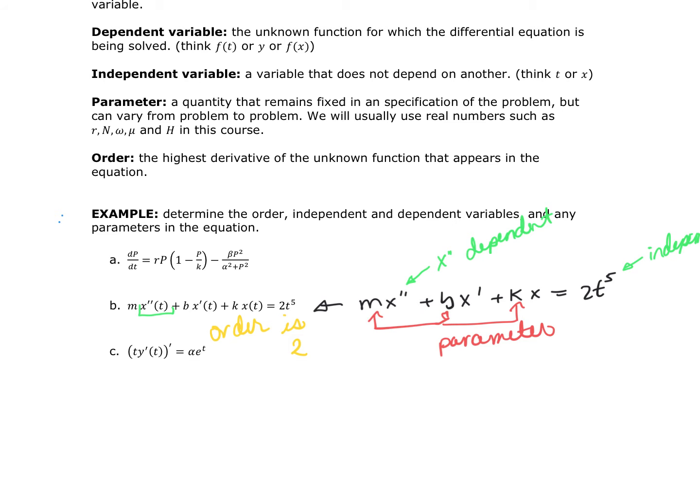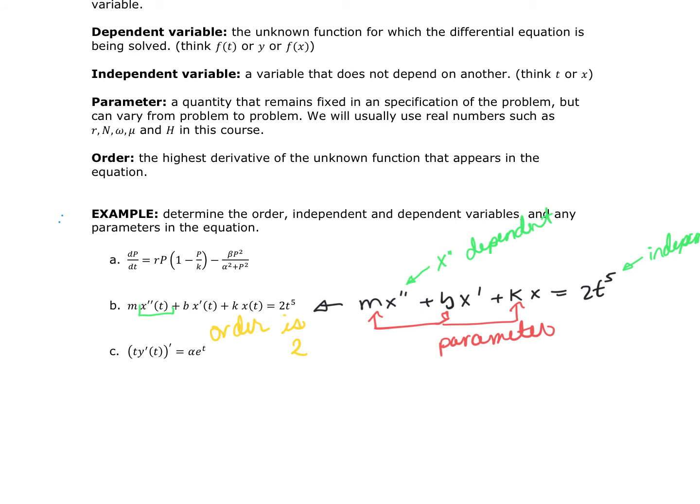So we start with the m, the b, the k. What other kind of variables could we see in those places? As long as it's not a t, right? Any kind of variable that you see, as long as it's not a t and it doesn't have a prime attached to it, then we assume that's a parameter. So it could be omega, it could be a mu, it could be an r, a capital R or a lowercase r.